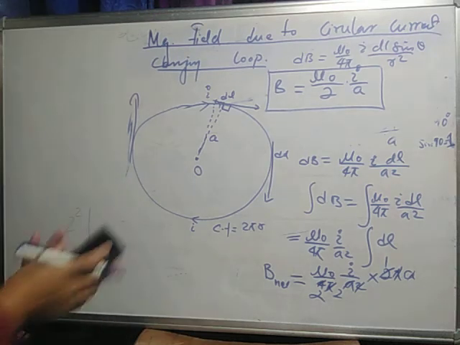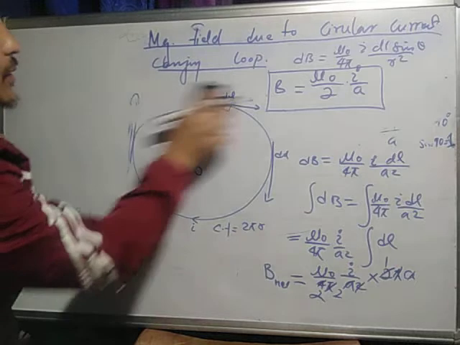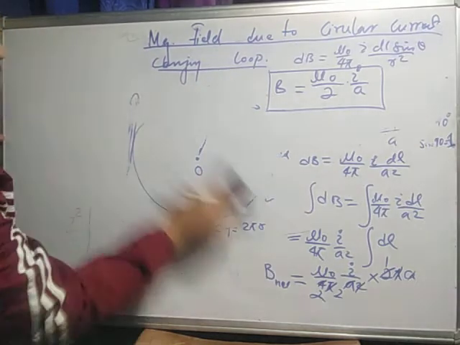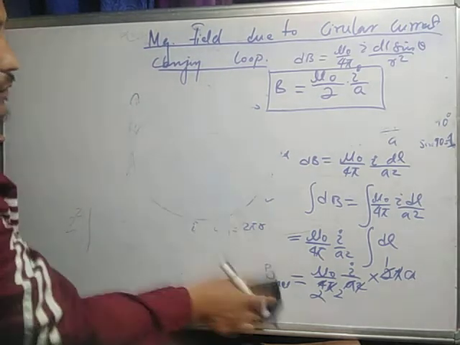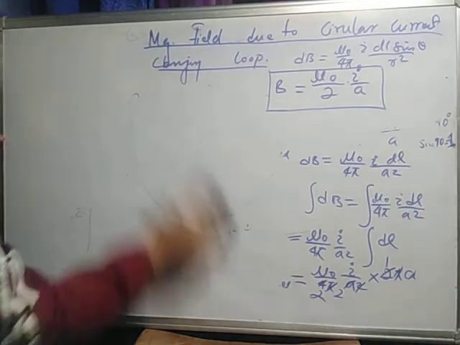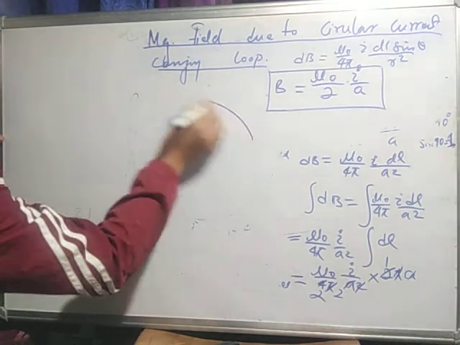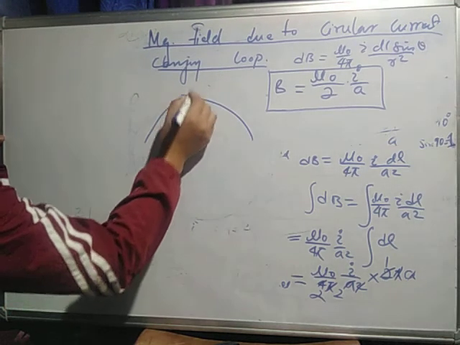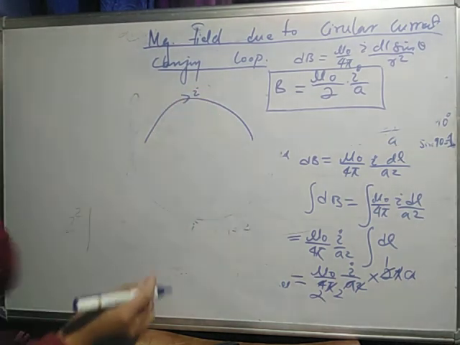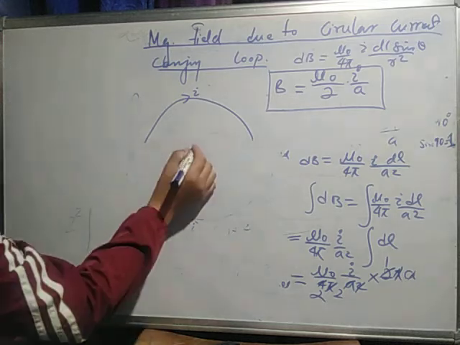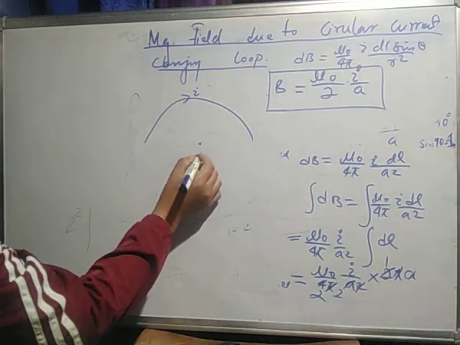Next, if you know this, you can find this type of figure also. If it is a semicircle, isn't it? Your wire is like this, a semicircle. I is going like this, making a semicircle. So here you have to find.